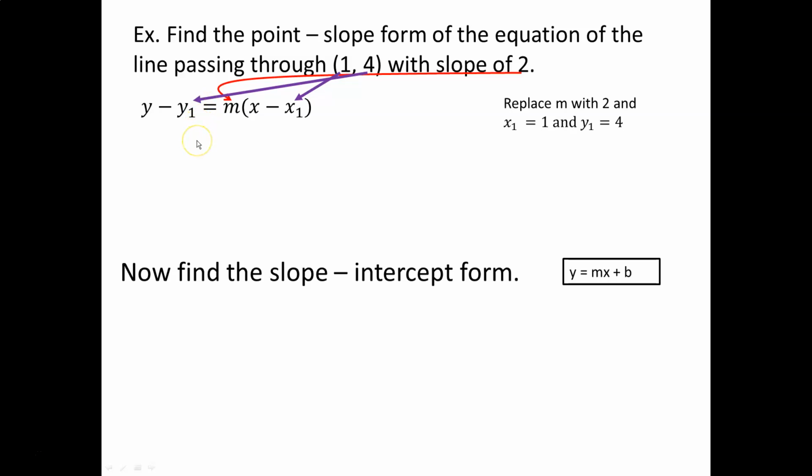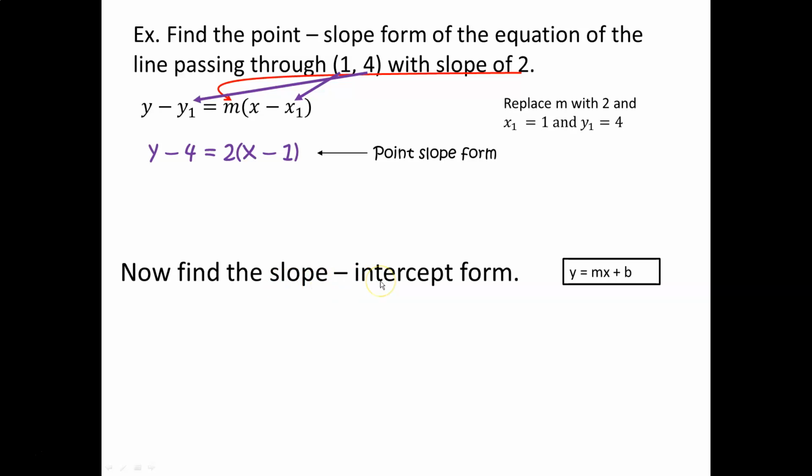And that's all you have to do. You just substitute those values in, and behold, you have point-slope form. That's really, honestly, all there is to it. You substitute in the slope, the x and the y, and you write it down.